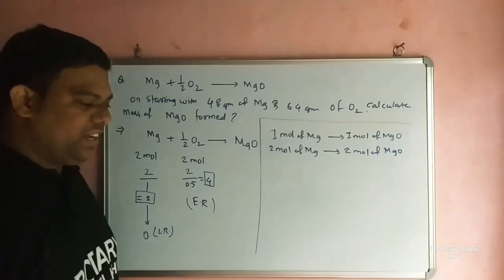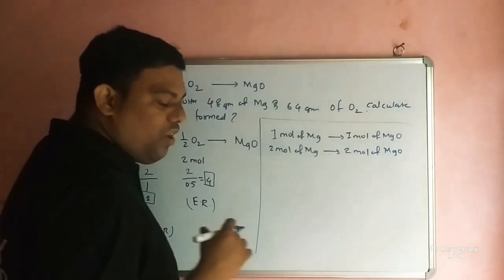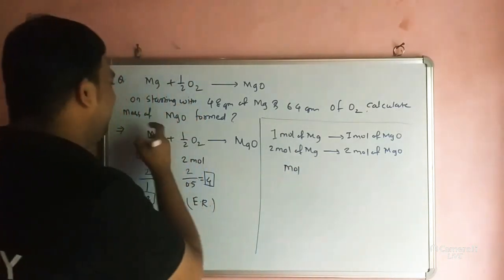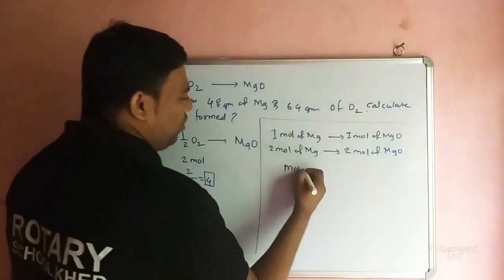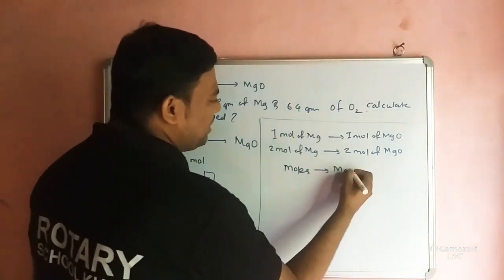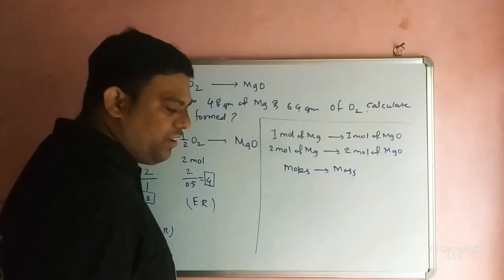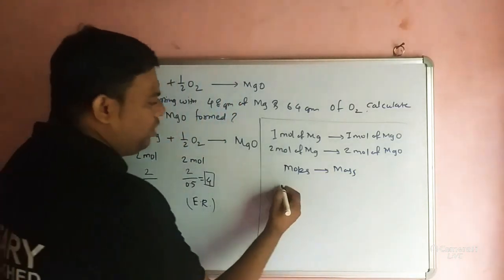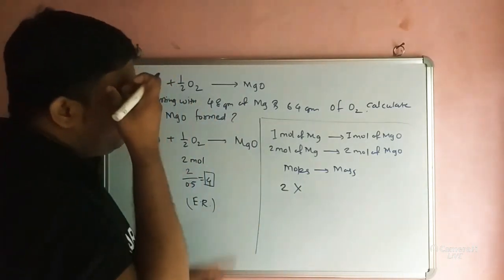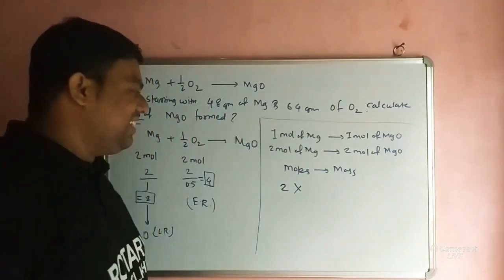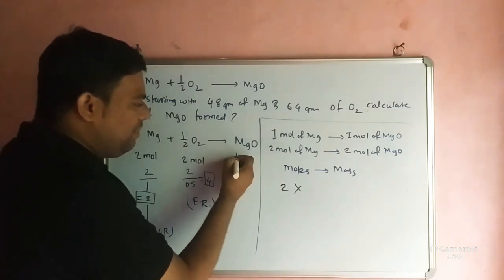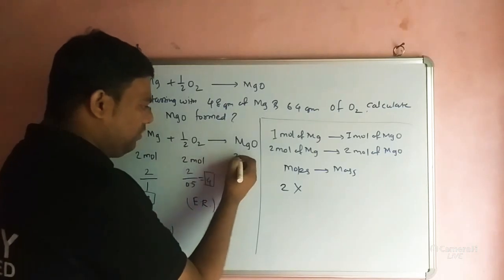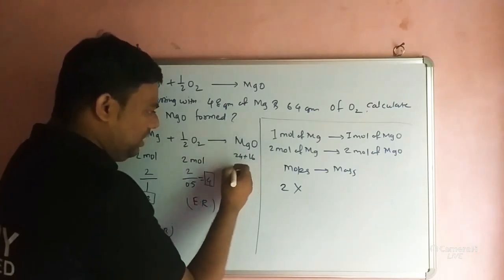So here you will get the answer easily. And now those moles you have to convert into mass. Finally we have to calculate the mass. So we can convert moles into mass by multiplying by the molar mass of MgO. Then 2 into what? Yes, 24 plus 16. What is the mass of Mg? 24. Plus the mass of oxygen is 16.